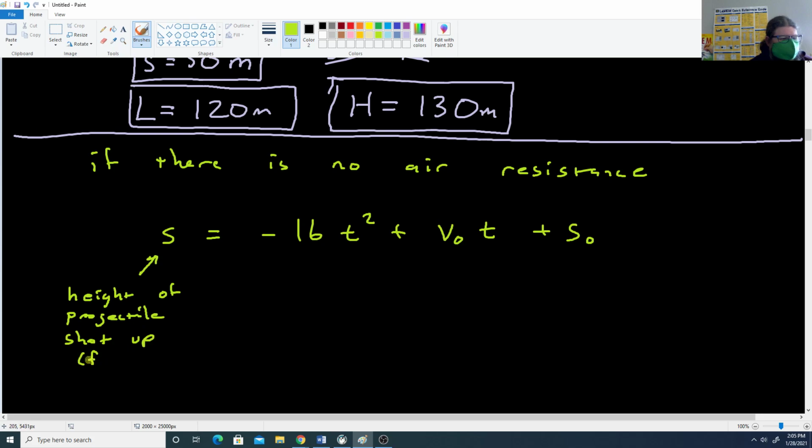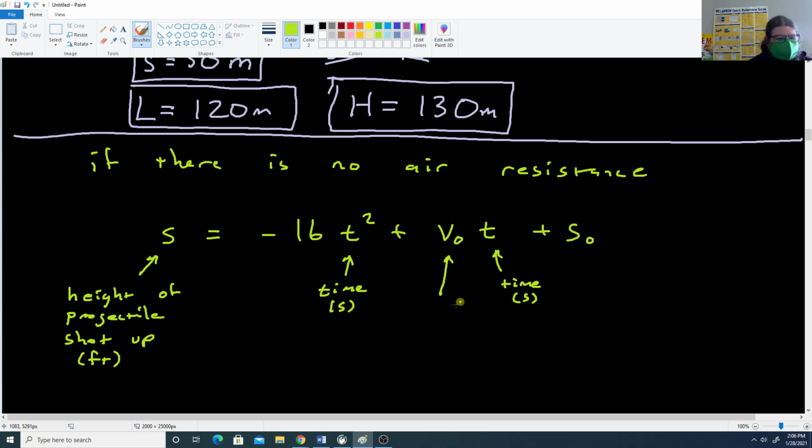This will be in feet. T in this equation is time, and time is going to be in seconds.